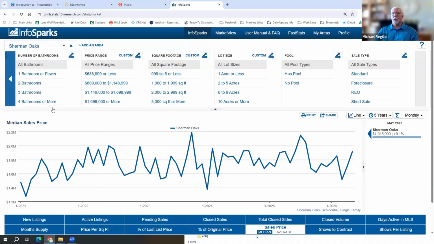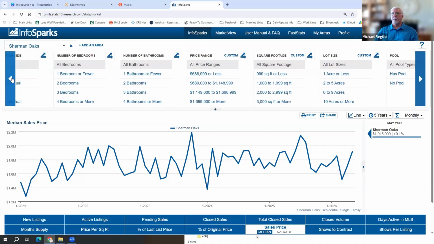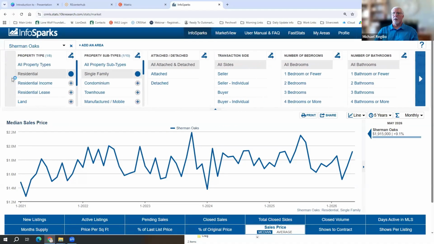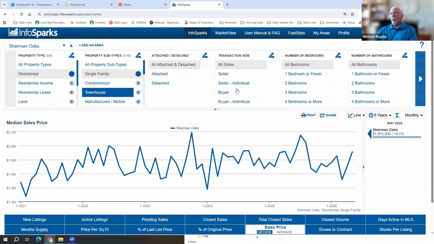Then we chose what type of properties, property type, property subtype. If we wanted to use any of the other filters, we can use those. And once we create our filters, then we can start looking at what's happening in the marketplace.